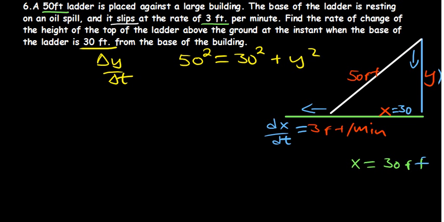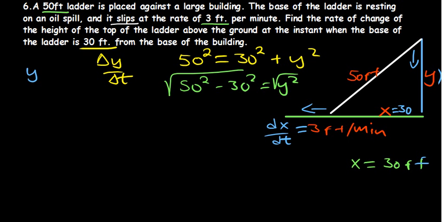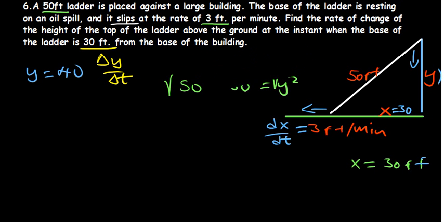So we can try to simplify that. So 50 squared minus 30 squared is equal to y squared. And then of course, if we simplify that, we have to find the square root of both sides. So the y value that I'm getting is 40. So we have the y value as well.